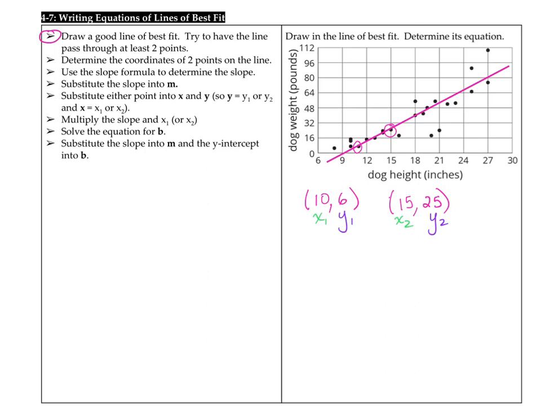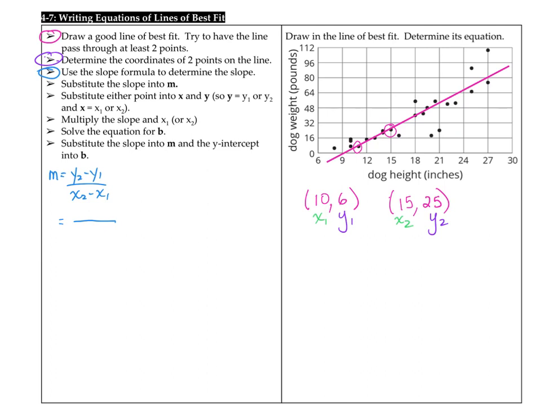The second thing is to get those 2 points on the line. And the third thing we're going to do is use the slope formula to determine the slope. So your slope is y2 minus y1 over x2 minus x1.